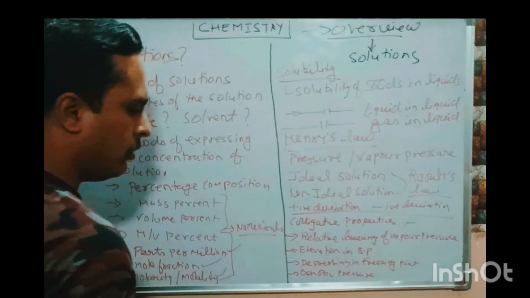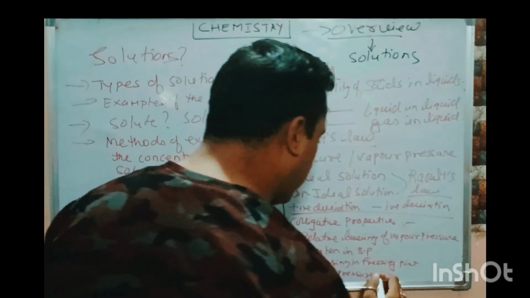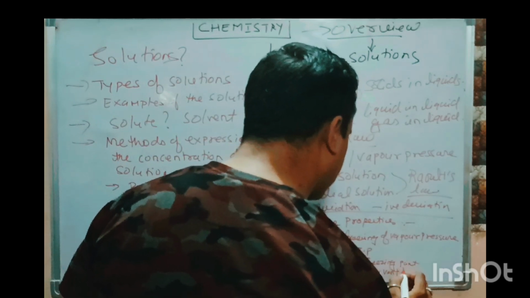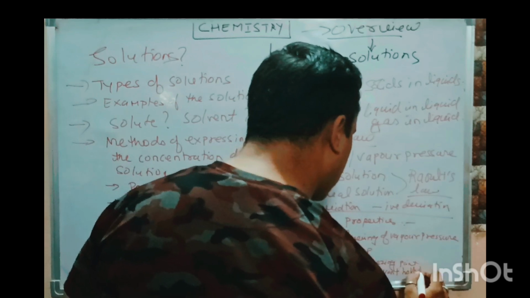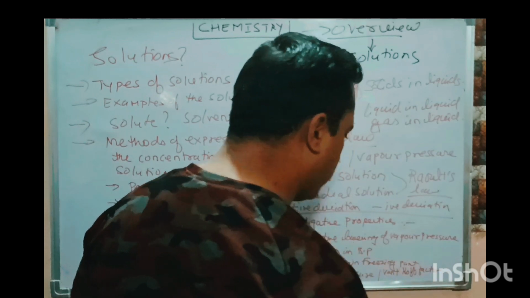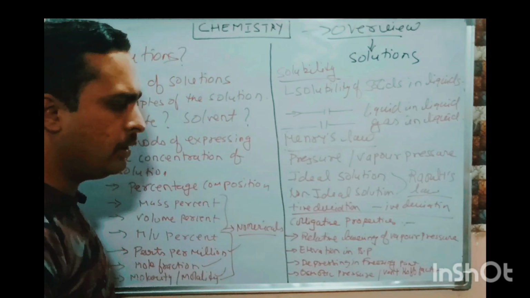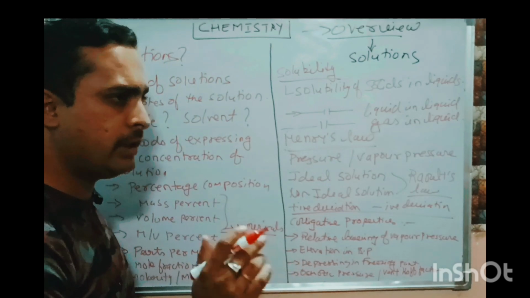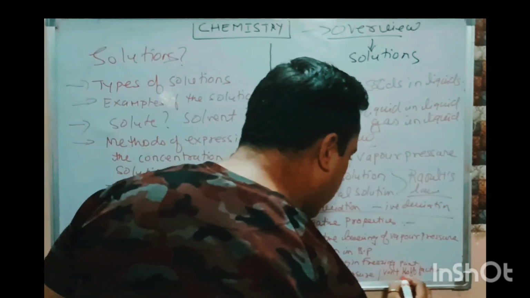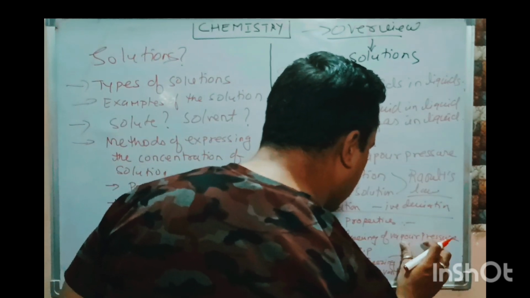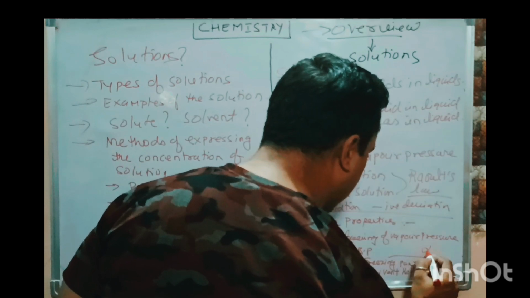In osmotic pressure, we are going to study the Van't Hoff factor. And one thing which NCERT is not providing us after the Van't Hoff factor is the degree of association and dissociation, that is alpha.